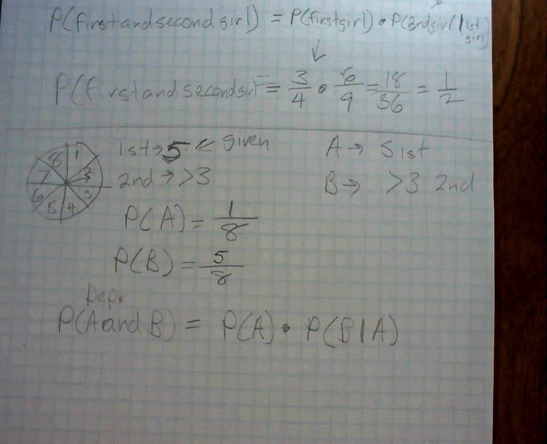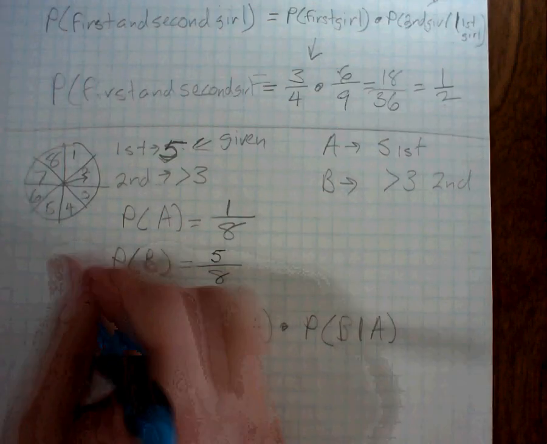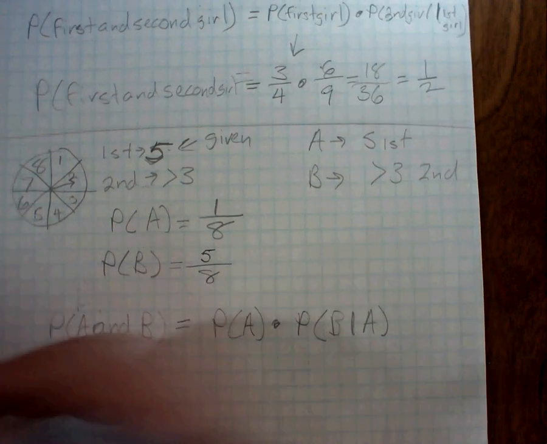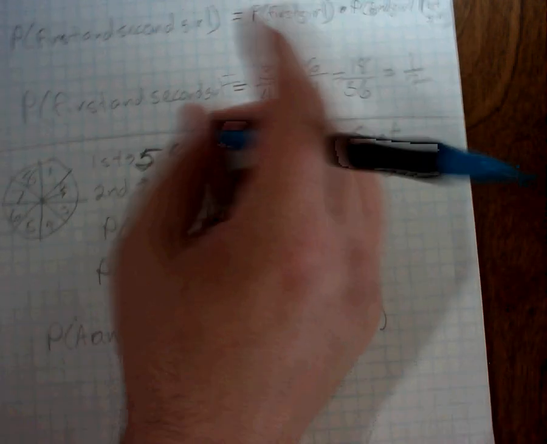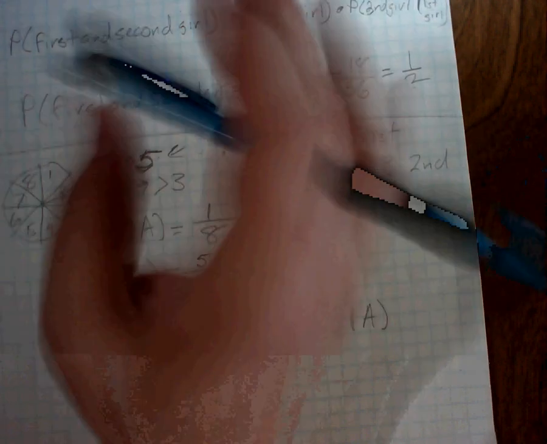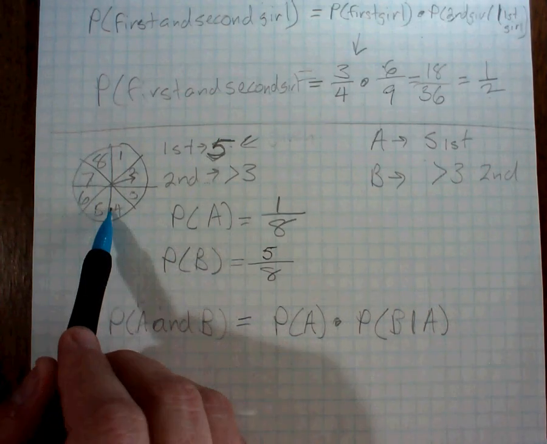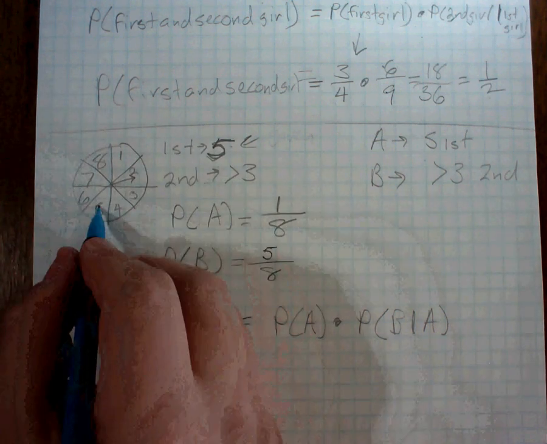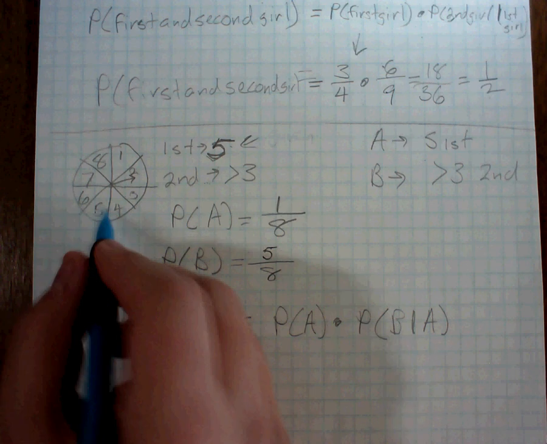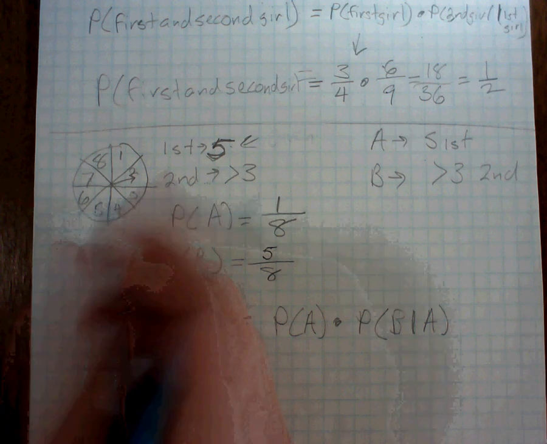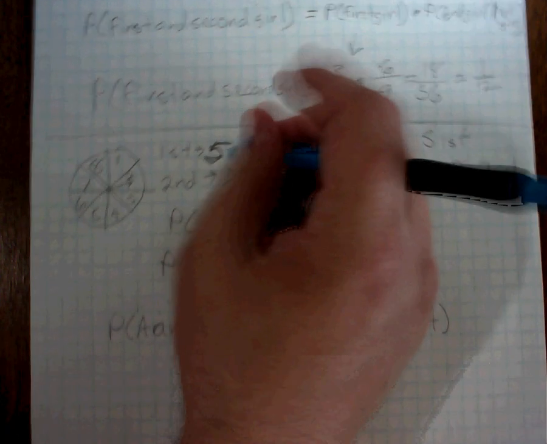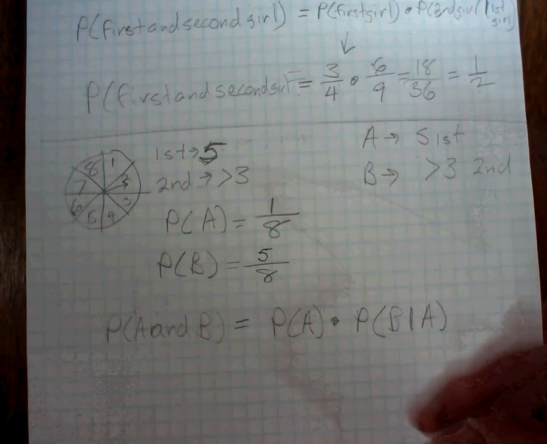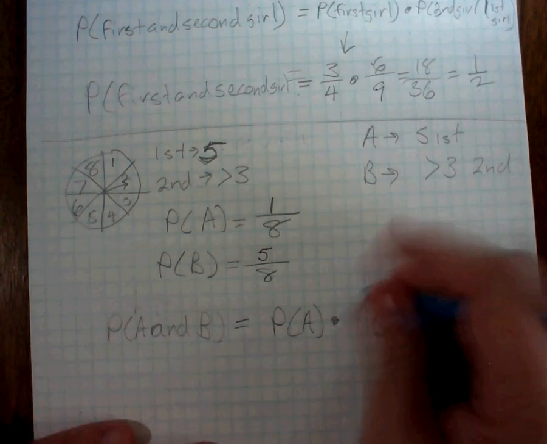Wait, let me think this through. These are actually independent. While we're given that the first one is 5, because this is completely fair, we're not taking the 5 off the board. In other words, when I spin this and I land on 5, I could get 5 again. So this is not conditional. This is actually independent. So then my formula needs to change.